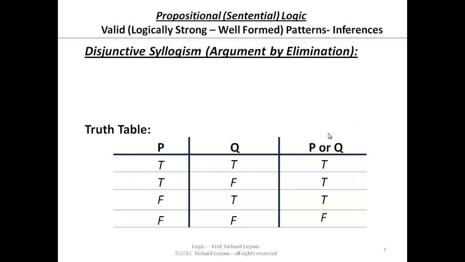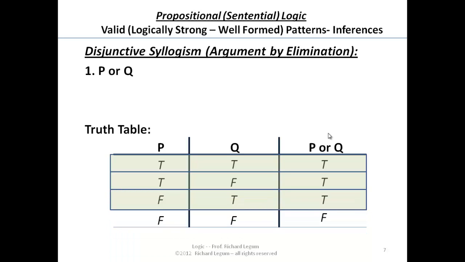And here we have disjunctive syllogism. Notice all of the cases where P or Q is true are the first three cases, where at least one of the two is true.